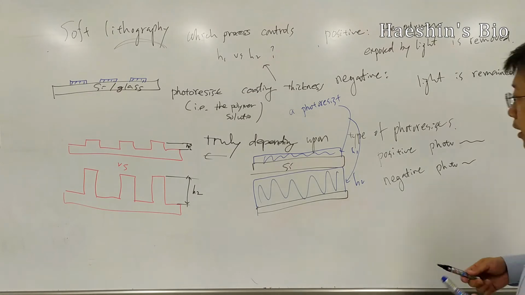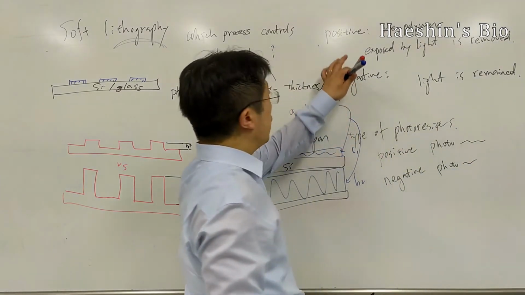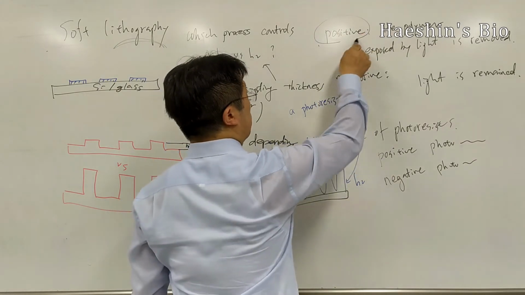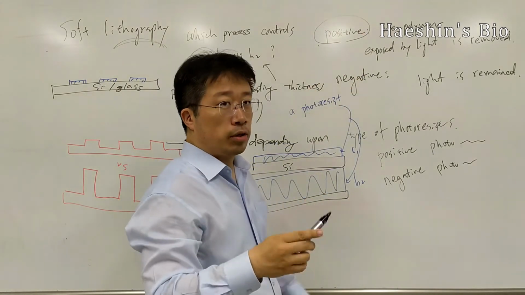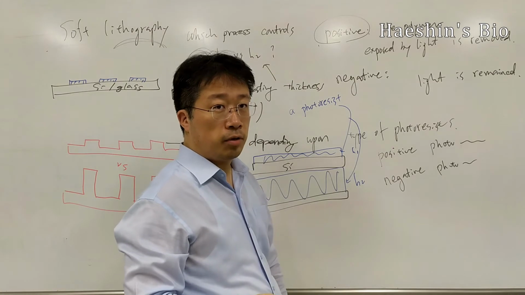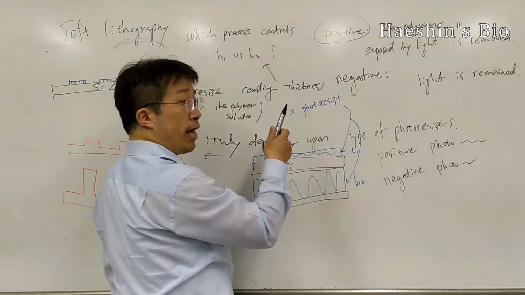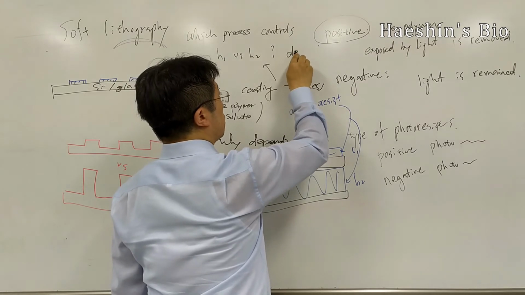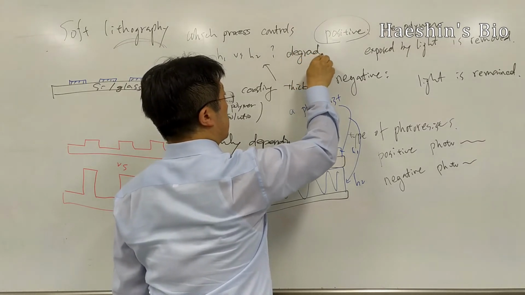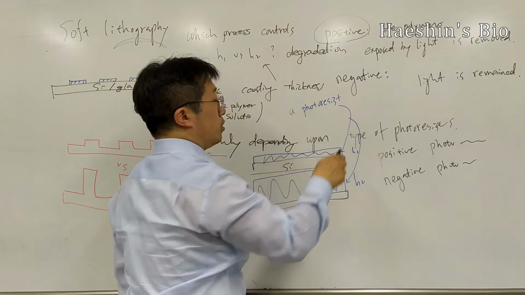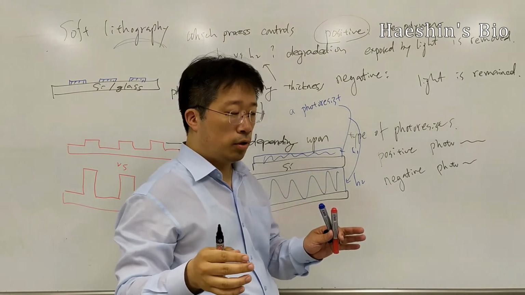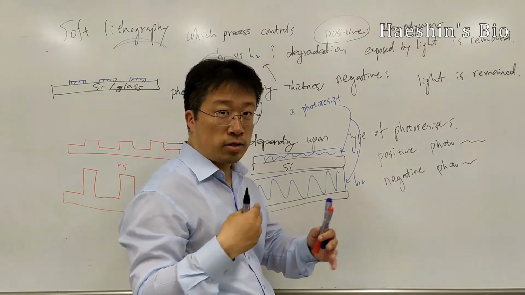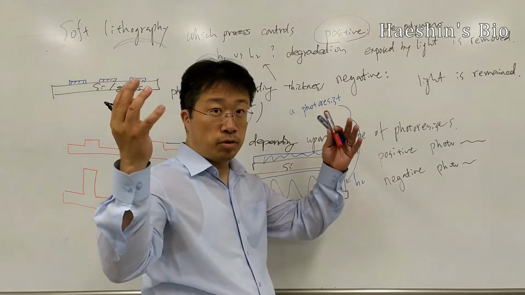So the question is, what type of polymer is it? What type of polymer makes a positive behavior? What type of polymer makes a negative behavior? As I gave you in the previous class, there are two different behaviors of responsiveness of the polymer solution upon light illumination.